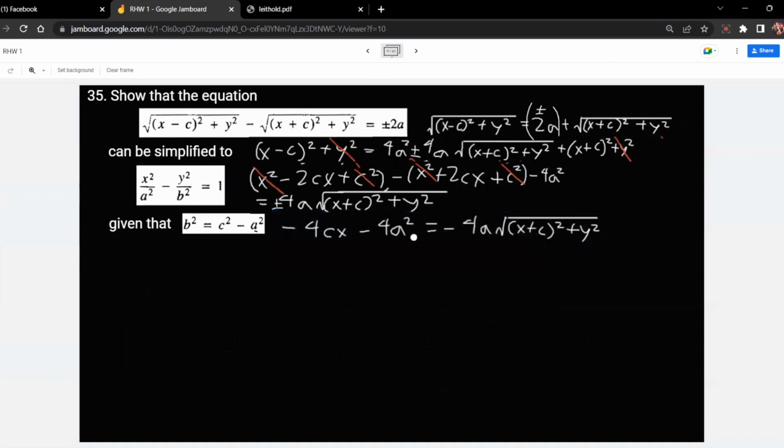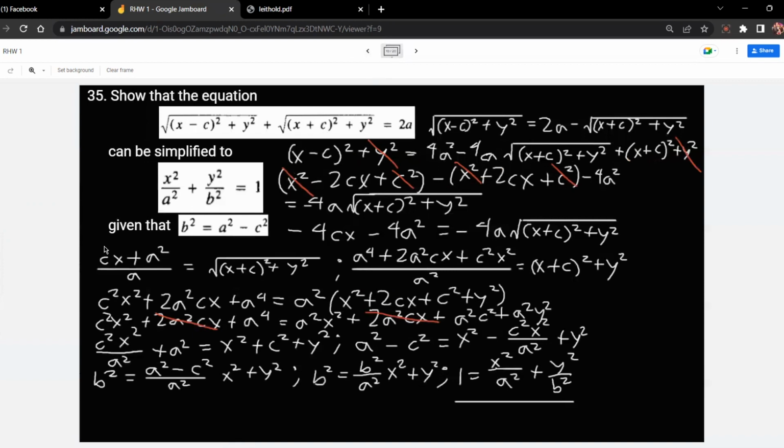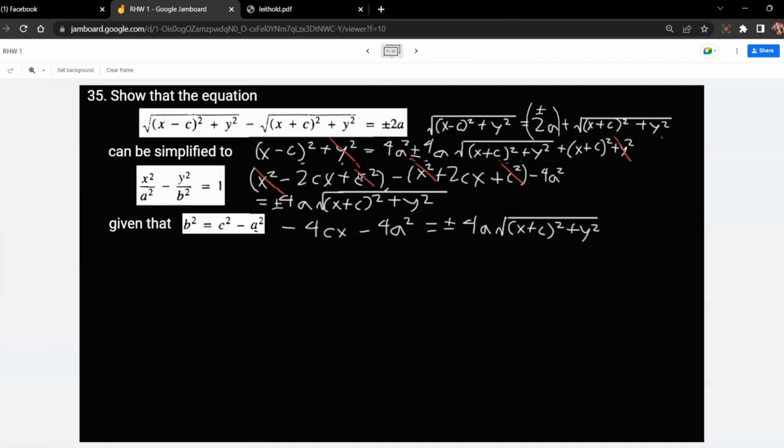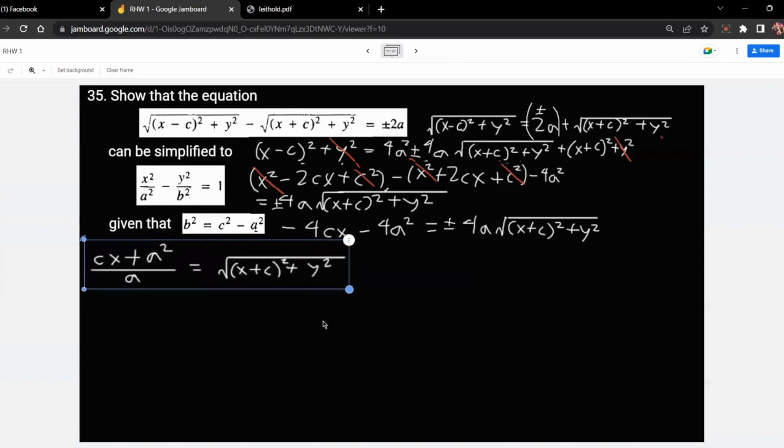So x squared, 2cx plus c squared minus a squared. Suspicious. Okay, so dito, plus instead of minus. So, naging ganito.